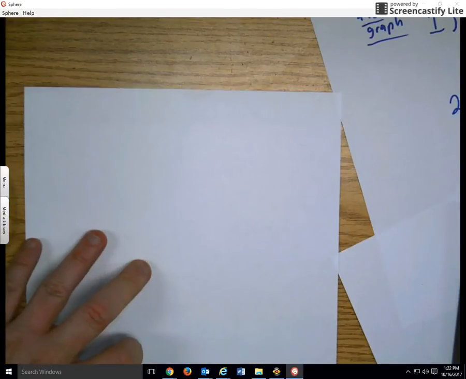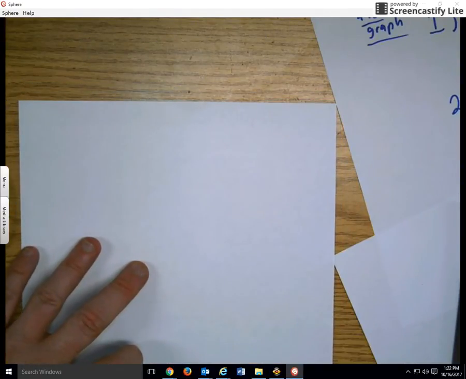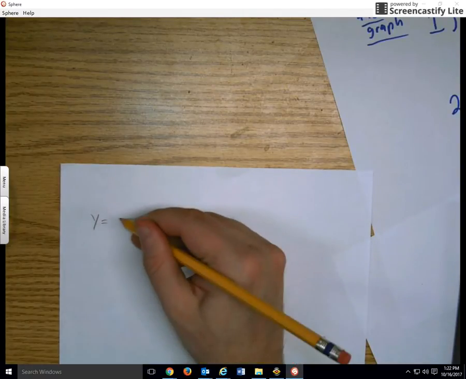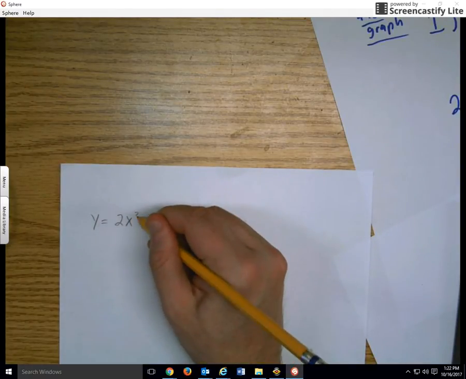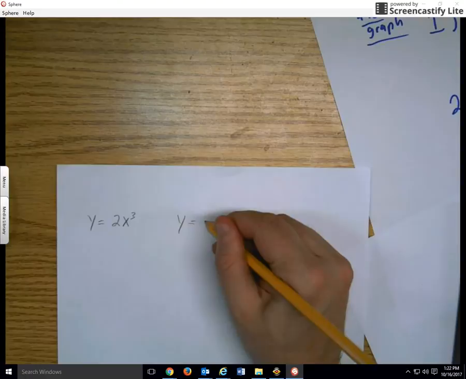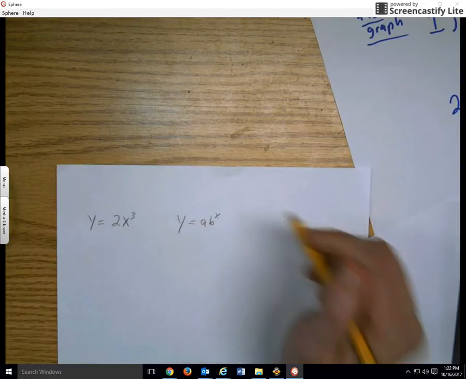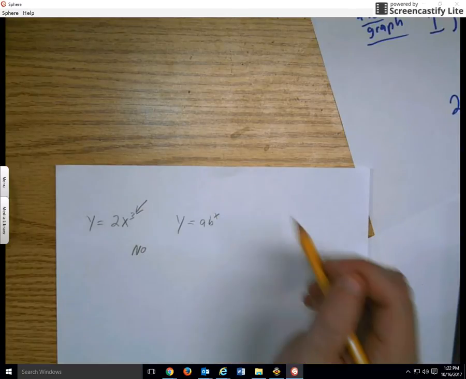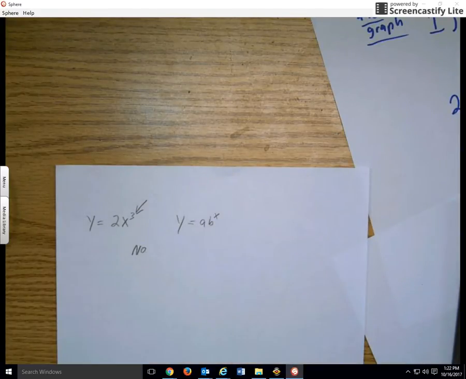So here are a couple of examples of problems like this that we can work out. Let me grab some real quick. It would be something like this: y equals 2x to the third. Now my question for you is, is this exponential? Does it meet the requirements of y equals ab to the x? Well, the answer would be no. Remember, the exponent has to be a variable. In this case, it's not.